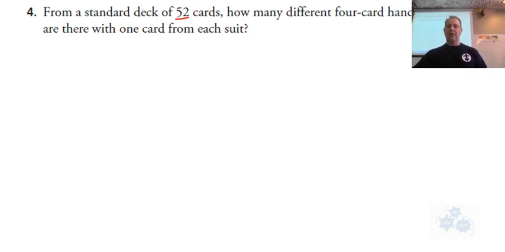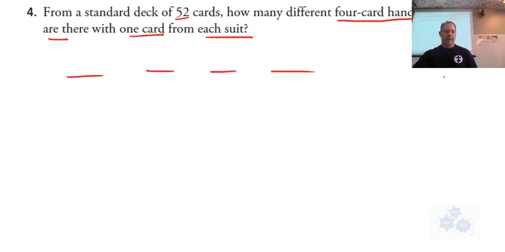All right, so how many different 4-card hands are there with 1 card from each suit? 1 card from each suit. Okay. So how are we going to do that? 4-card hands. Should I start with 4 spaces like this, do you think? Does order matter here?